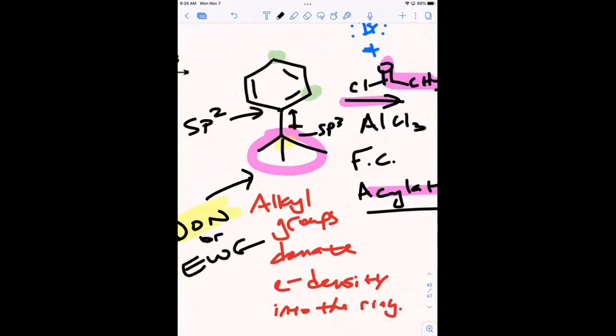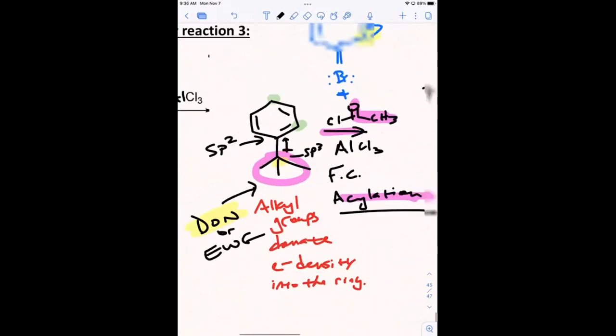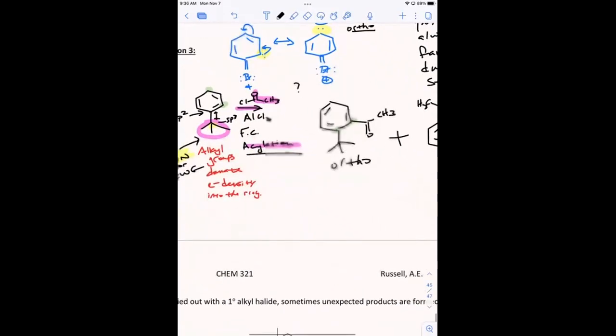So if I start with my ring substituted with a donor, when I add anything to it, it's got to add ortho and para because of the electronics of that ring. The electronic nature of the ring is that it's electron rich. So anything I add in with electrophilic aromatic substitution, anything I add to the ring that has a donor on it, has to go ortho and para like we showed over here.